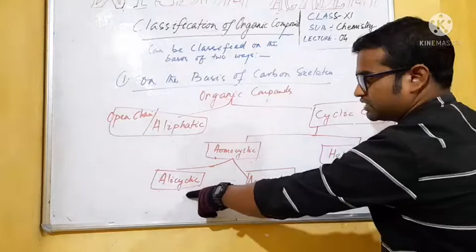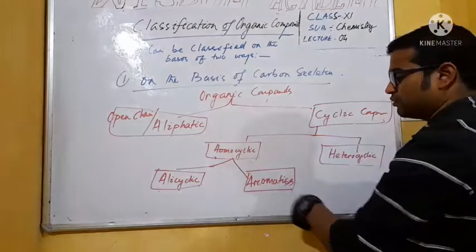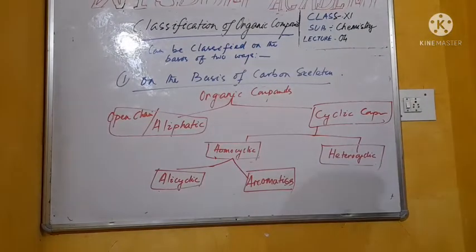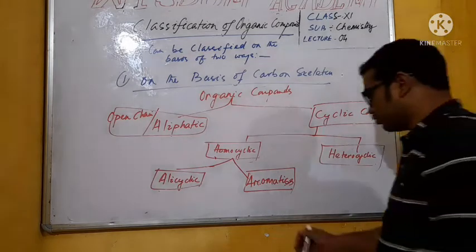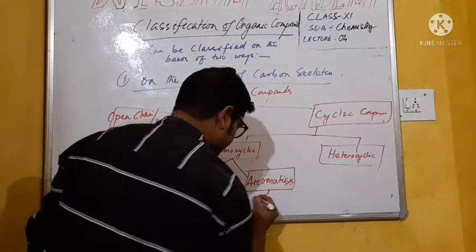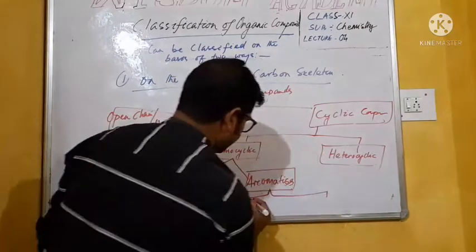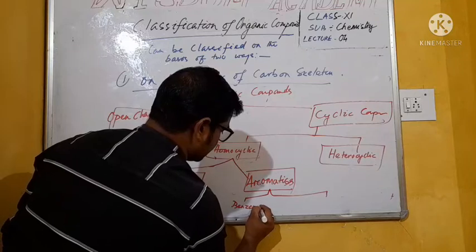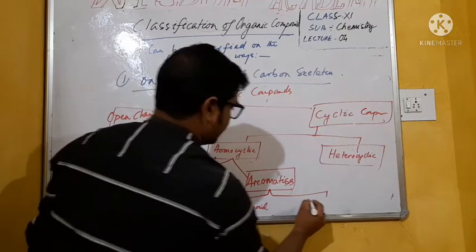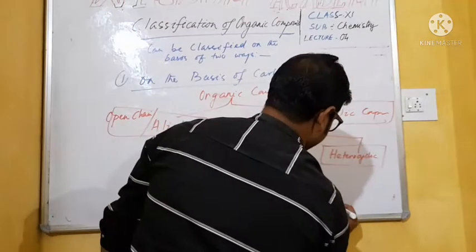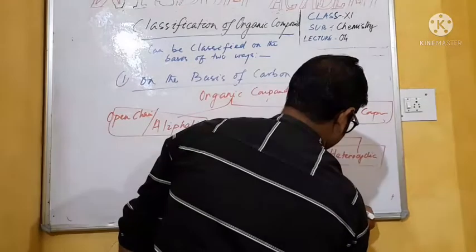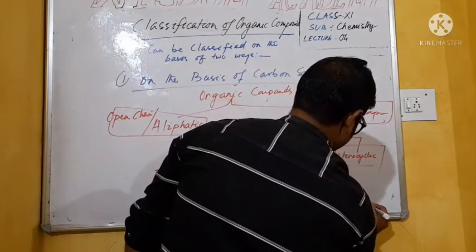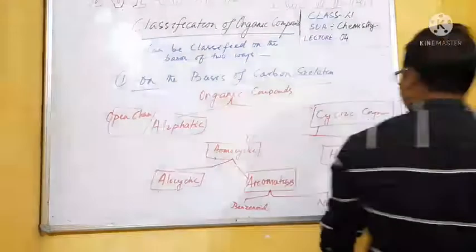First one is alicyclic and second one is aromatics. Again, aromatics are classified into two types, that is benzenoid and the second one is non-benzenoids.